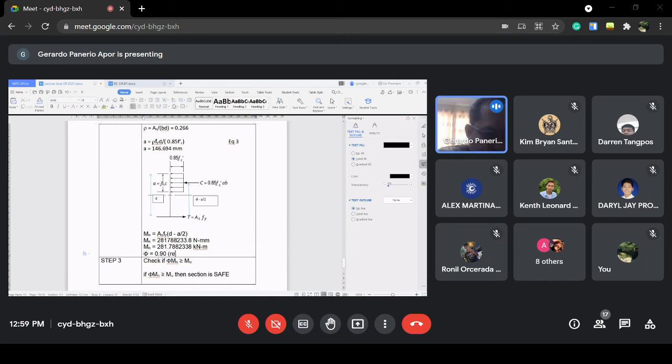Okay, so the reduction factor for bending.